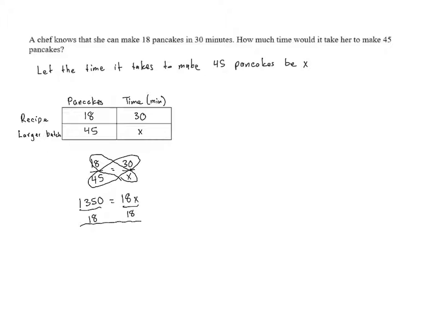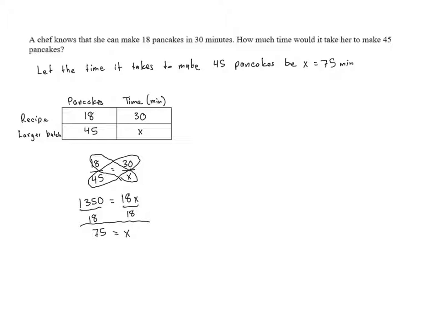When we do that, 18x divided by 18 is just x, and 1,350 divided by 18 is 75, again from the calculator. So we figured out that x is 75, and x represents the time it takes to make the pancakes, and in this problem we're measuring time in minutes.